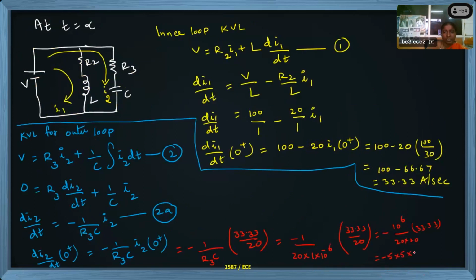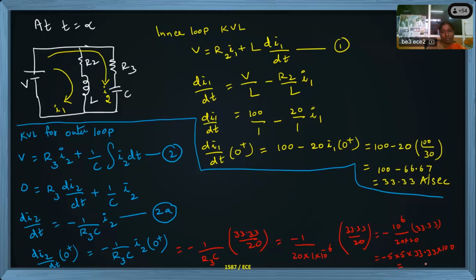100 into 33.33 becomes 3333. For simplification purpose, whatever you want, you do it. 33.33 into 100 I will write as it is. When you simplify this entire thing, 33 into 5; 30 into 5 is 150, 150 into 5 is 750, 750 into 100 becomes 75,000 approximately.